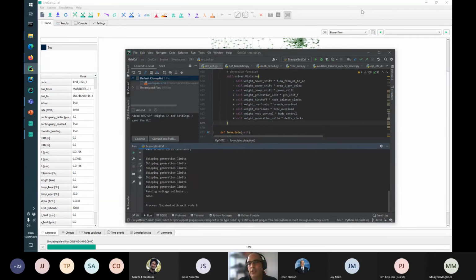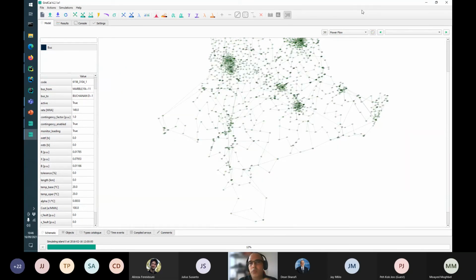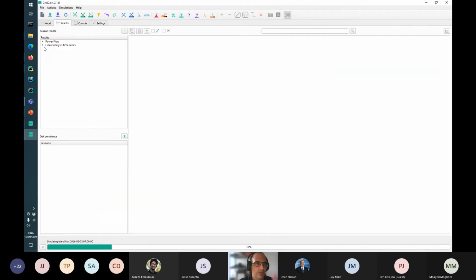From the literature, sometimes we need to do this net transfer capacity thing, right? And this one is based on the PTDF, the power transfer distribution factors, which if we open the linear analysis, is this, no, I need to do this one.